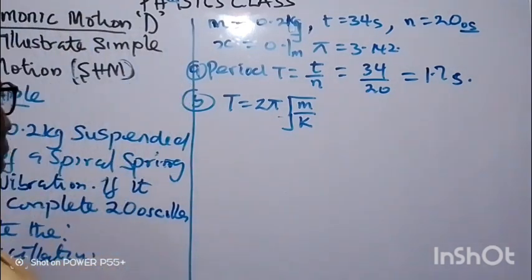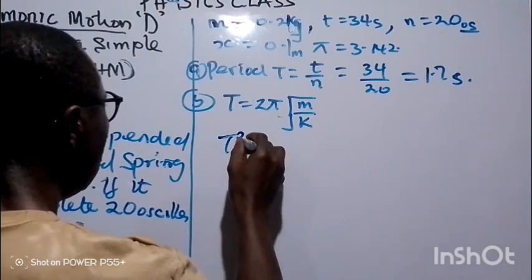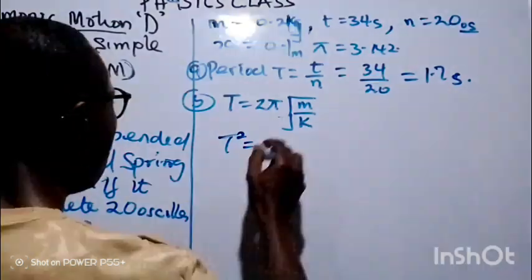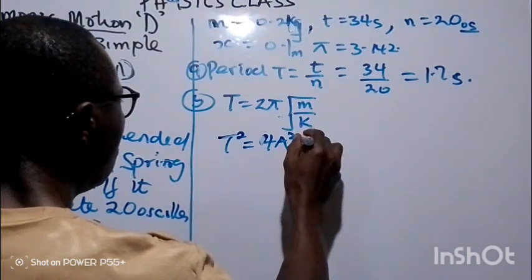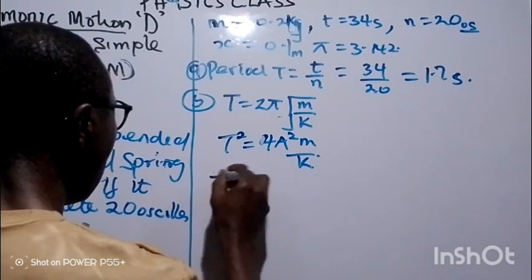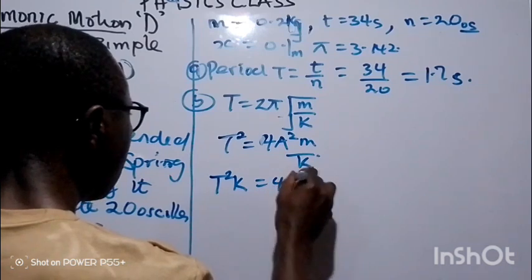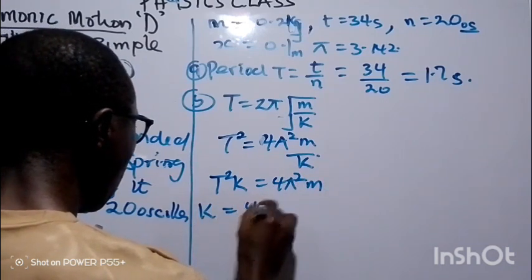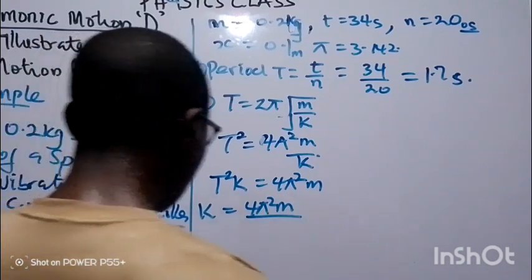Squaring both sides, we are going to have T square is equal to 4 pi square into M over K. So T square K is equal to 4 pi square M. So K is equal to 4 pi square M over T square.